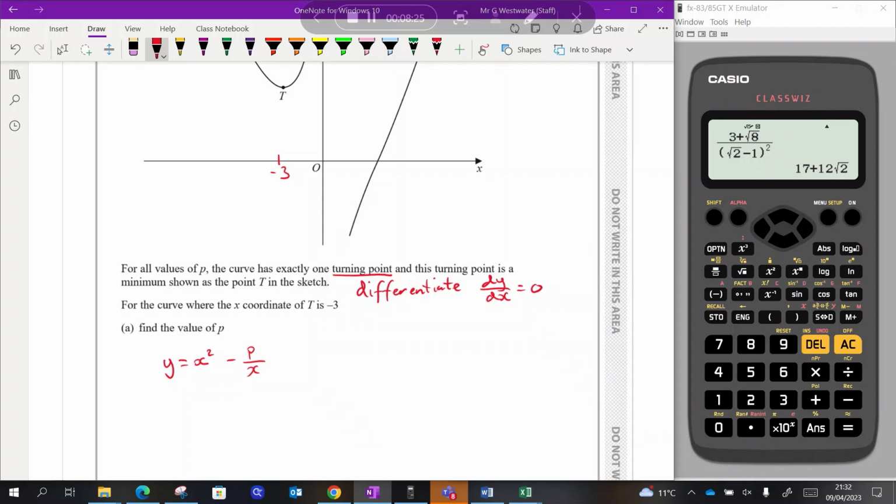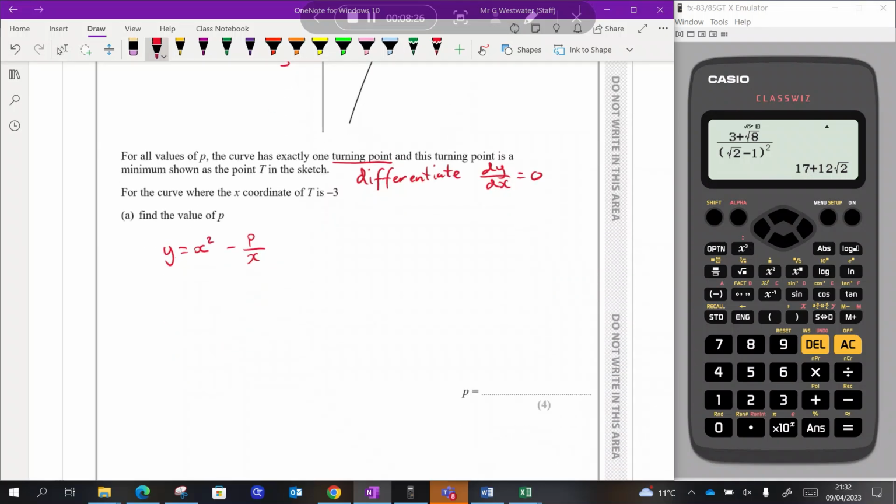So the first thing I need to do is to rewrite this in a form that I can differentiate. So y equals x squared minus p times 1 over x, which is y equals x squared minus p x to the minus 1. Okay, 1 over x is x to the minus 1.